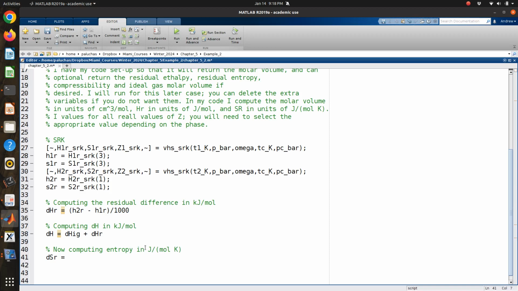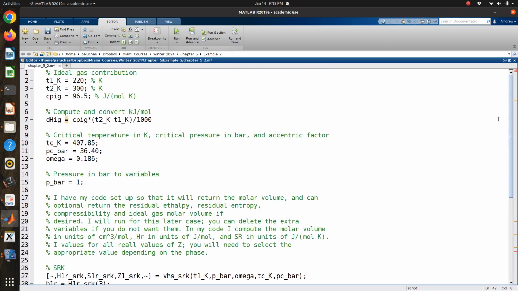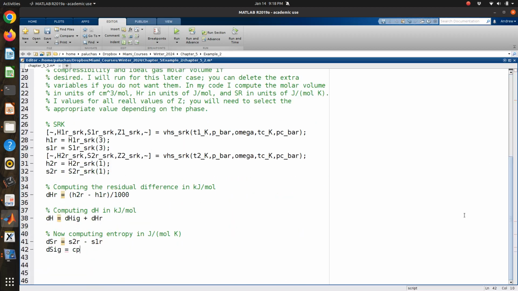So my residual contribution DSR, that's just S2R minus S1R. Where up here, we already made sure we selected the appropriate root. DS ideal gas, we had this variable CP ideal gas, CPIG, times log T2 over T1.